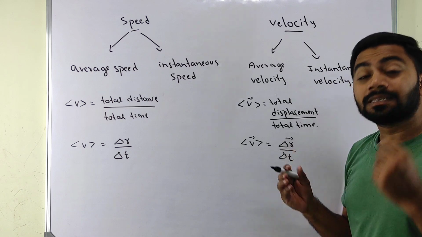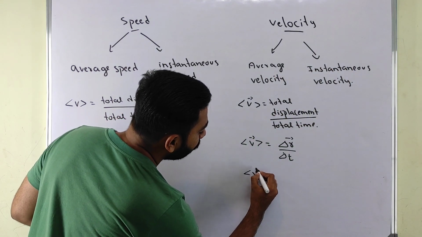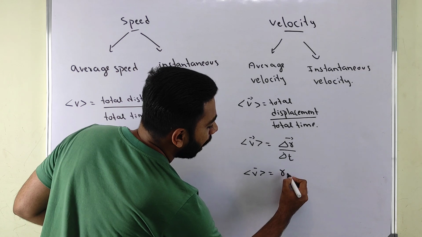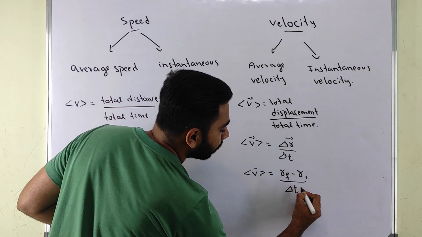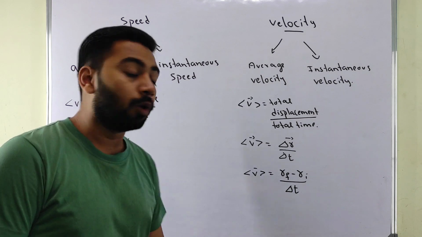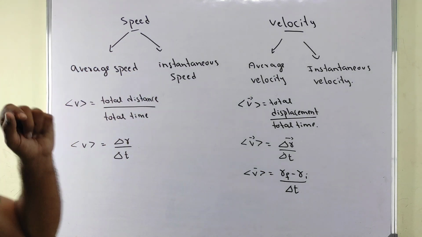For average velocity, this dot says the shortest distance. That means you write r final minus r initial divided by t final minus t initial. This is about average velocity, and this is about average speed.